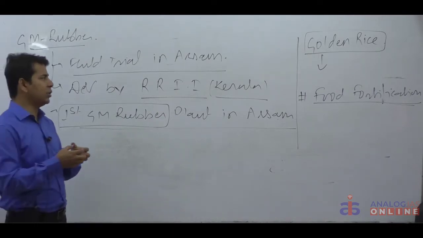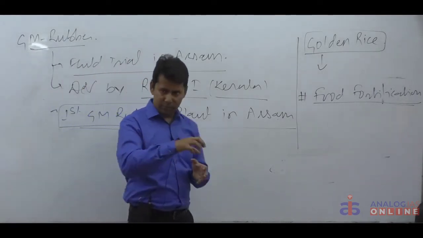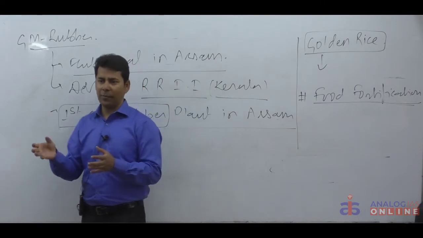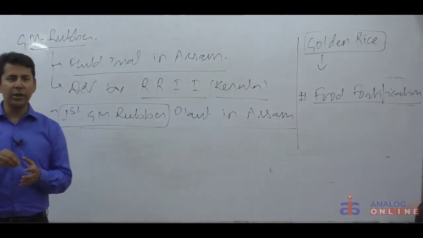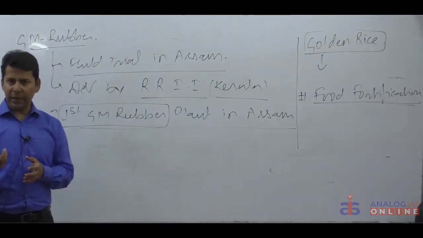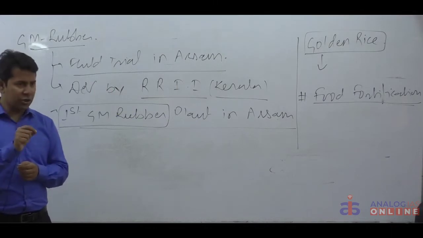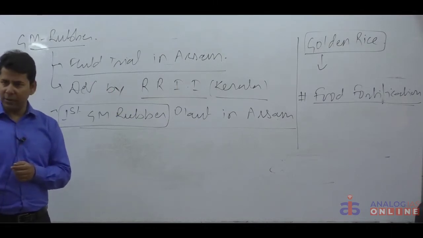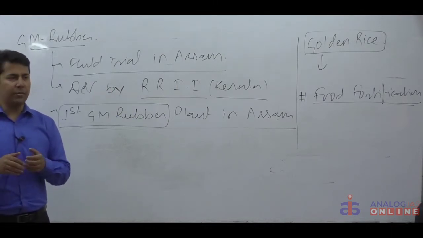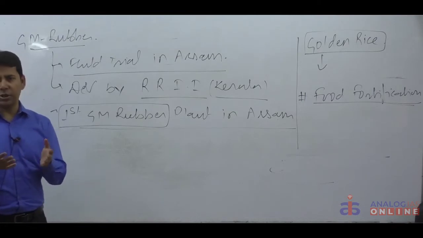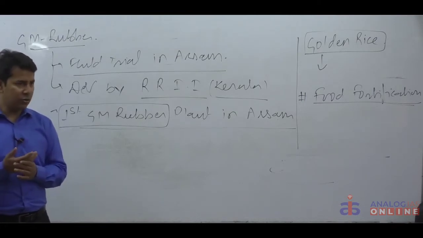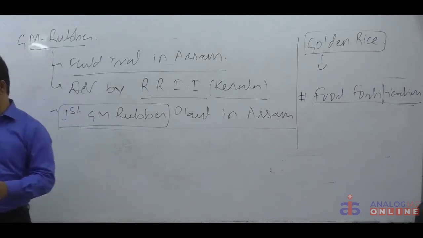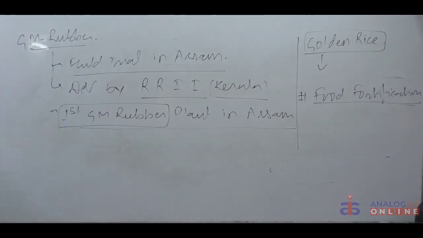Sometimes you just need to break the rice kernel and put some nutrient into it, and there are technologies which can make a rice grain-like structure again. And then this grain can be sold into the market. It can be given to the public distribution systems, and there it can reach the people, right? So that is one thing you need to understand.